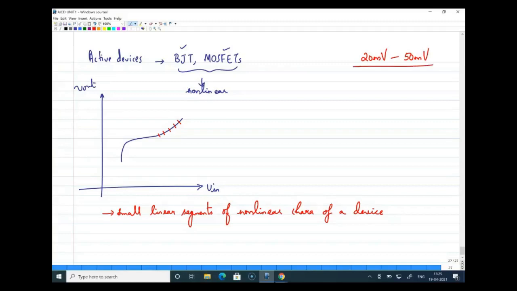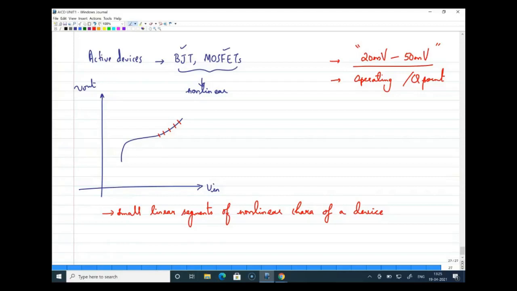So we told you to keep the input as small as possible, and even before applying input we would also ask you to check the operating point or Q point. Why these things are ensured is just to make sure that we are working on small linear segments of the nonlinear curve.